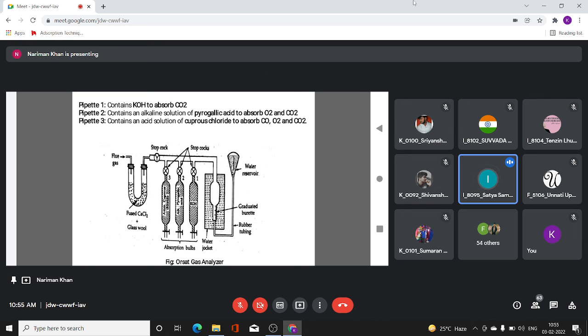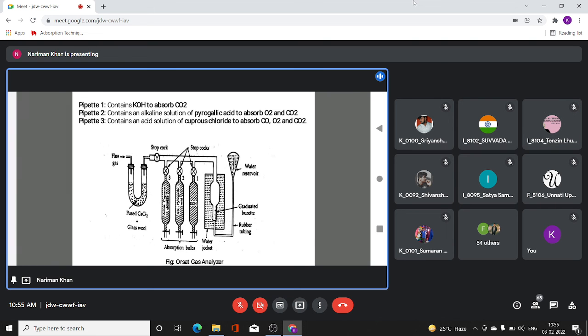Ma'am, cuprous chloride will absorb all three of them, and we can't identify how much of each is present. Good. That is the reason we cannot reverse the direction: cuprous chloride absorbs all three gases and we would not be able to identify the individual gases. So the sequence should be maintained: KOH, pyrogallic acid and cuprous chloride.